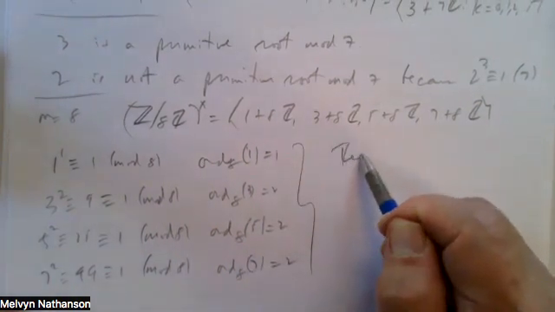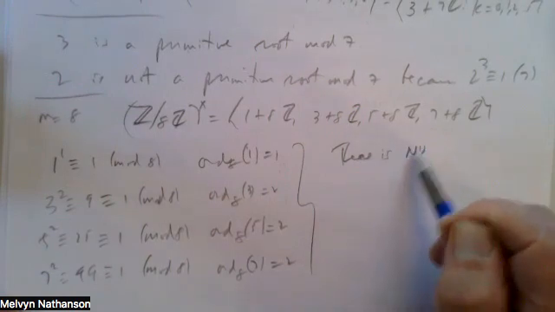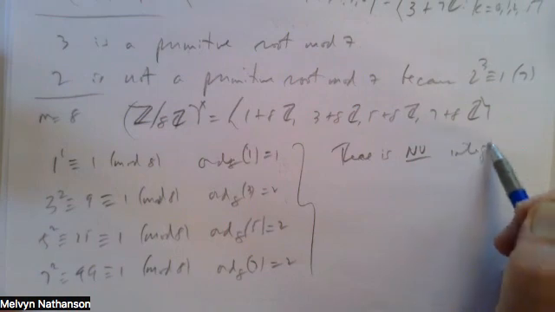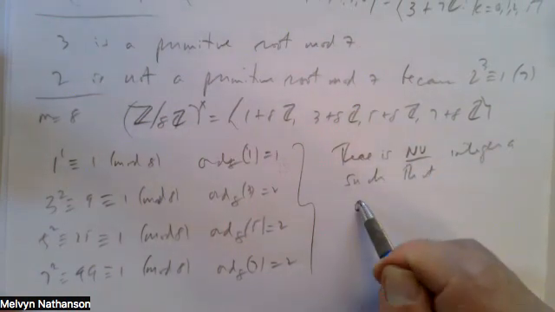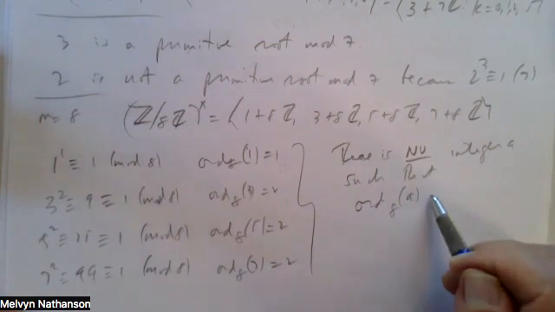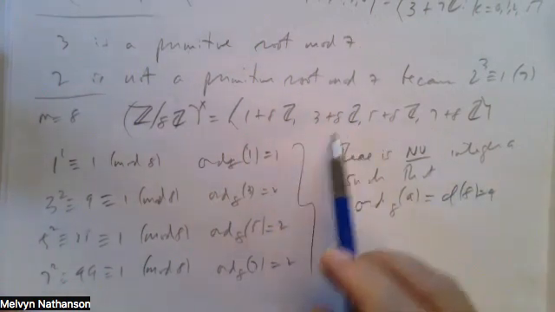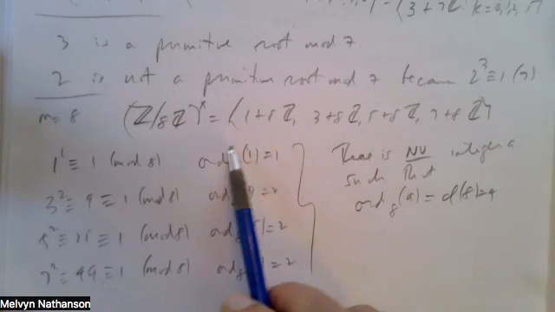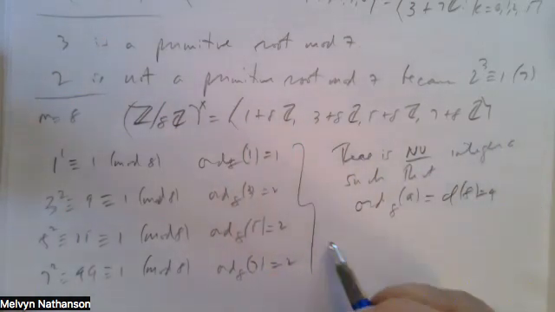So there does not exist an integer a such that the order of a with respect to the modulus 8 is equal to phi of 8, which is 4, right? There are 4 congruence classes relatively prime to 8.